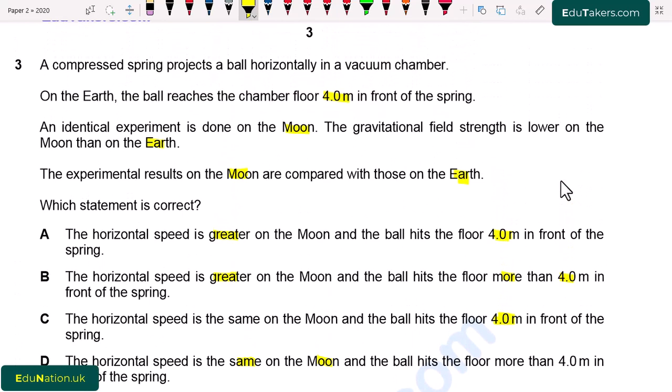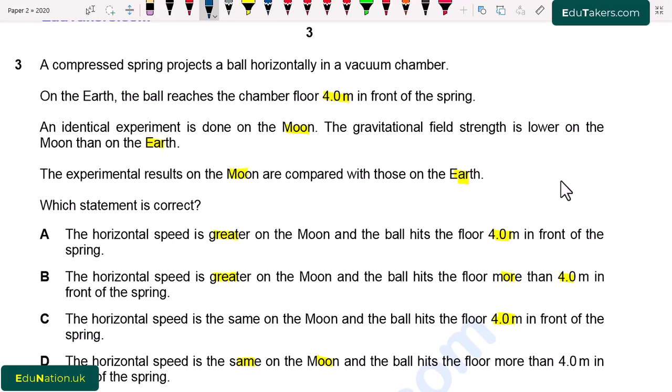So first of all, the gravitational field strength on the surface of the moon is lower as compared to the earth. It means that when the spring is compressed, the ball will fall to the surface later as compared to the earth.